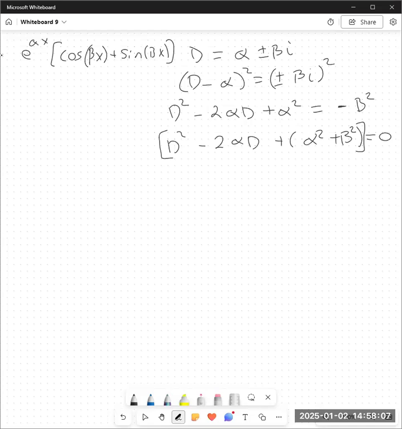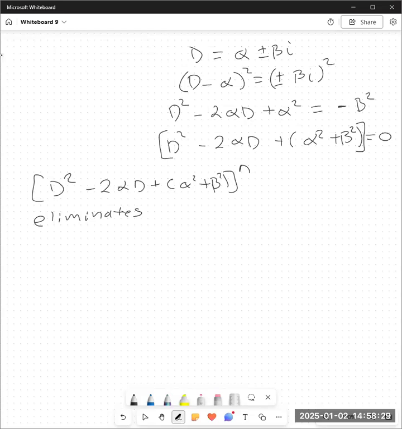So let's write it this way: d squared minus 2 alpha d plus alpha squared plus beta squared to the n eliminates both x to the n minus 1 e to the alpha x cosine beta x and or x to the n minus 1 e to the alpha x sine beta x.